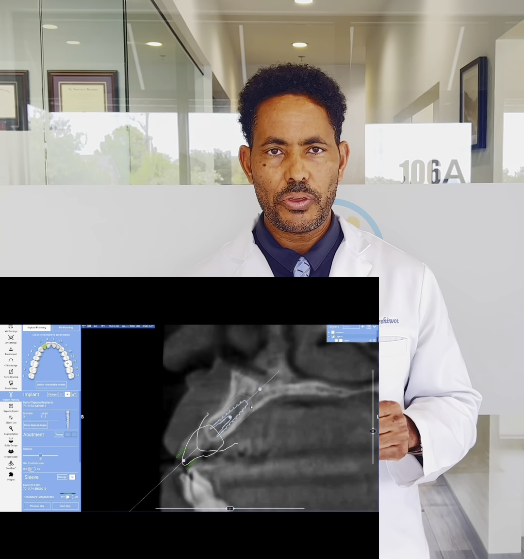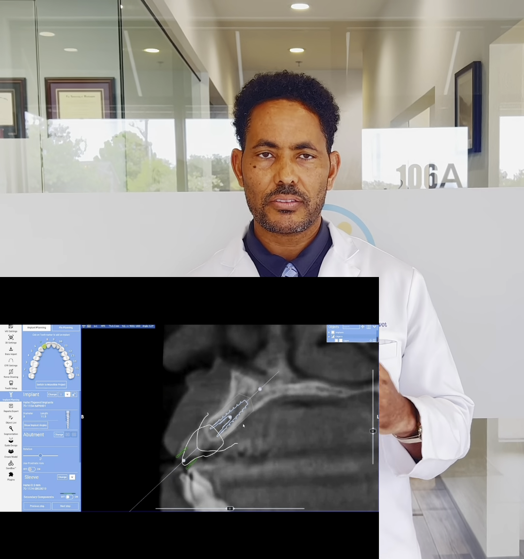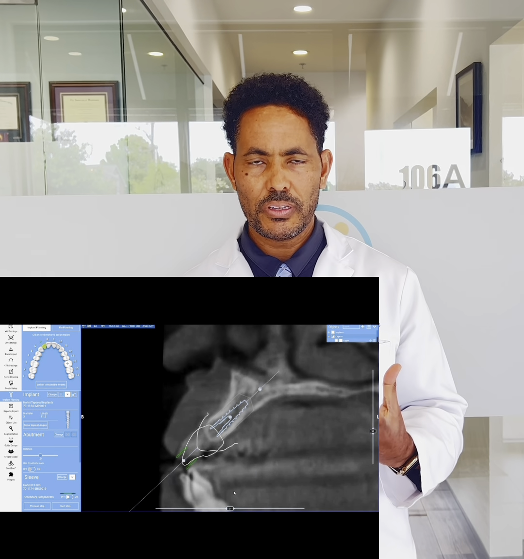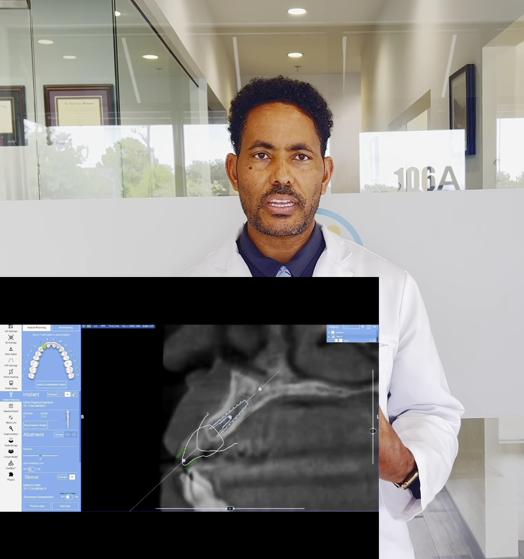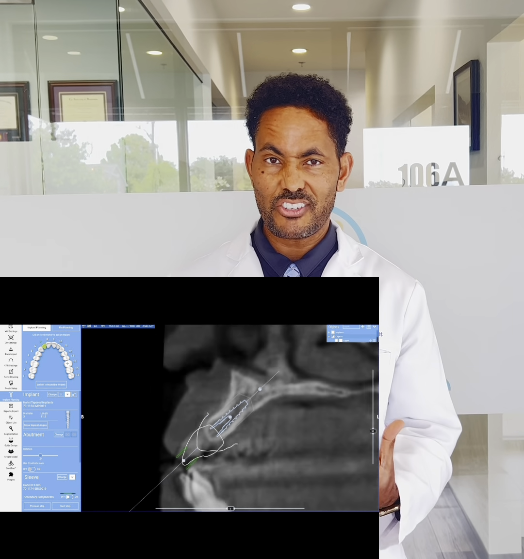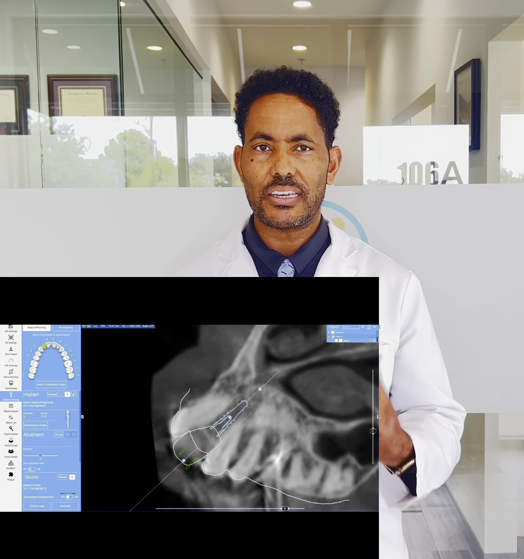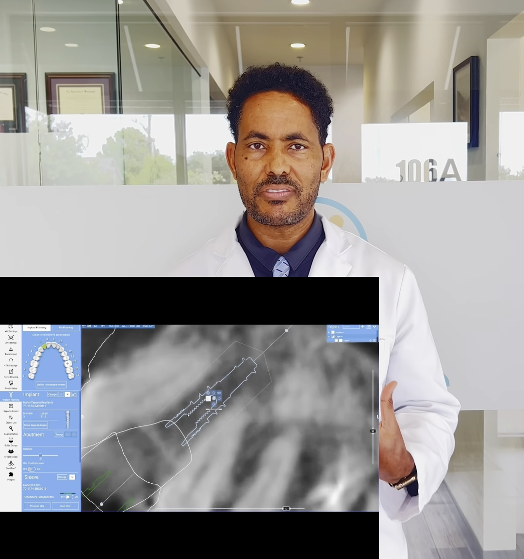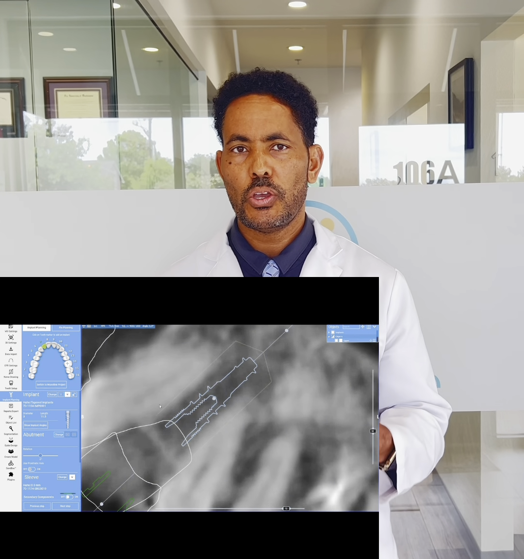Following that, we'll plan our implant with the new bone to make sure the implant is the right size, the right orientation, the right angle, so that we have a nice aesthetically driven outcome. That's how the process goes.